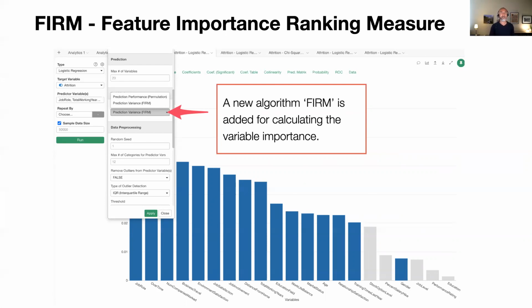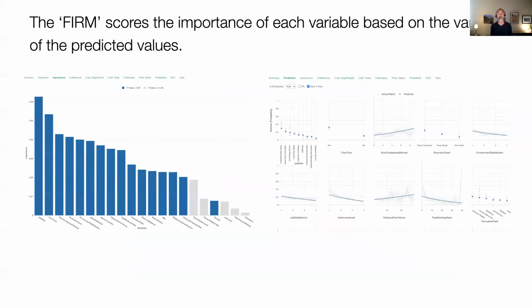But this new one is very interesting, and we are still exploring it. I think it could be more intuitive, because on the right-hand side, when you go to the prediction tab, it shows the predicted values for each predictor.